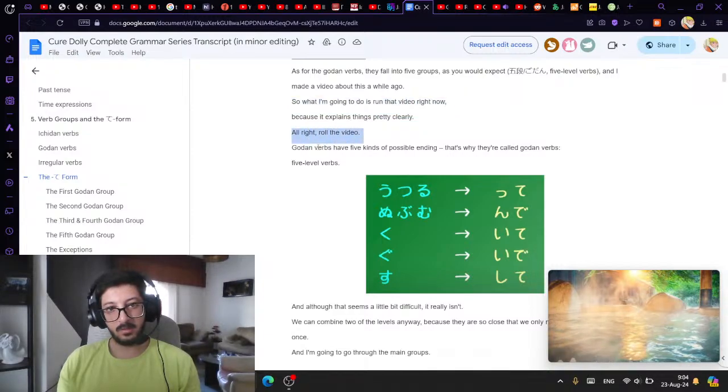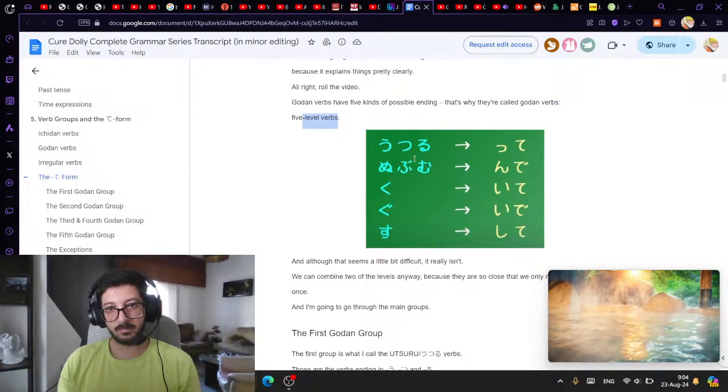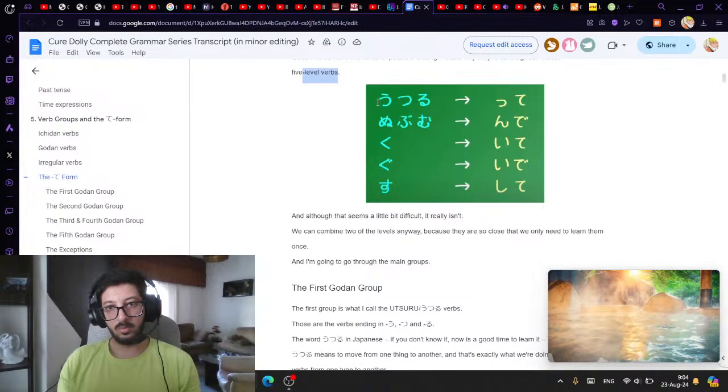Alright, roll the video. Godan verbs have 5 kinds of possible ending. That's why they are called Godan verbs, five level verbs. Utsuru. We take off the ru, put the te. Tsu te. No, that's not the tsu.